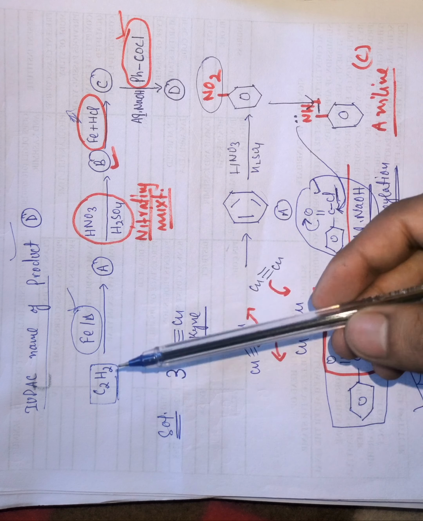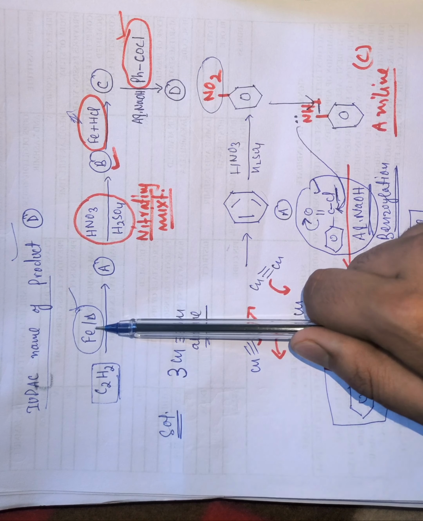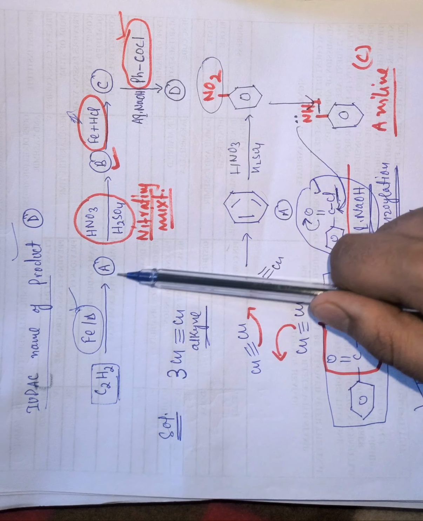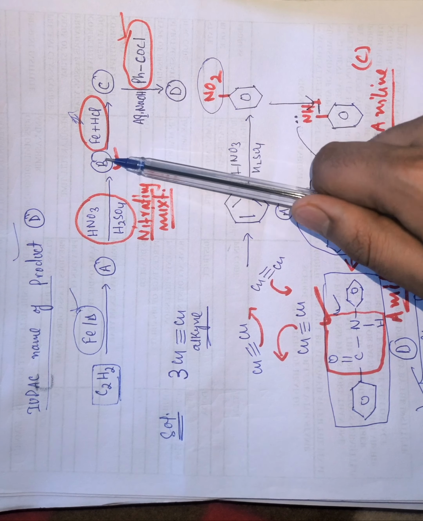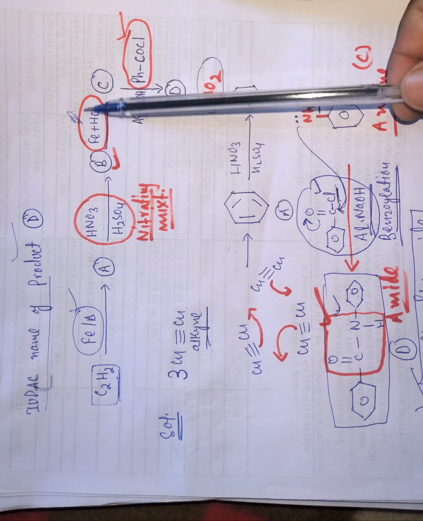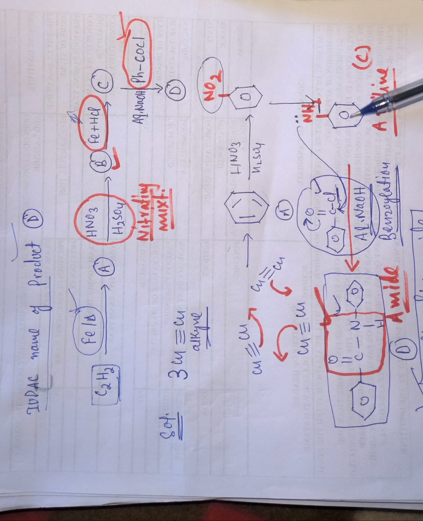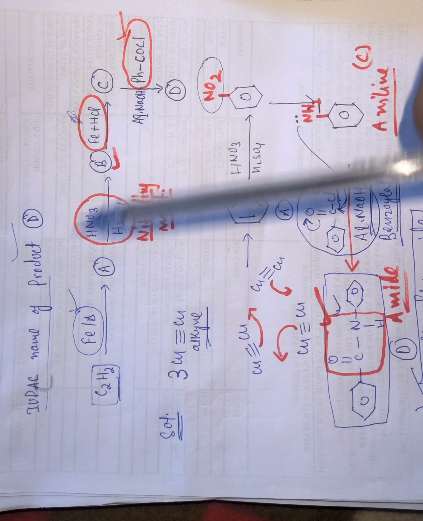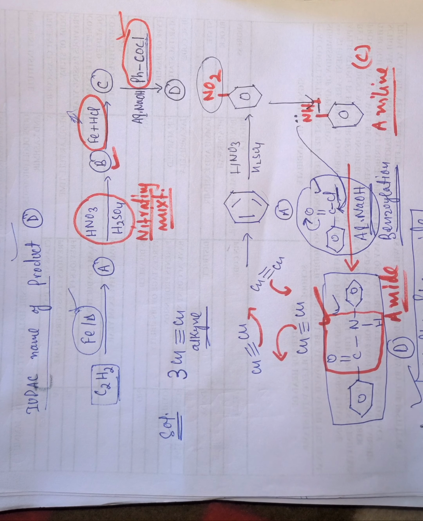So how does this reaction go, let's check it out quickly. When alkyne is passed through red hot iron tube, it forms benzene as A, and this benzene undergoes nitration and forms nitrobenzene as B. This nitrobenzene upon reduction with iron and concentrated HCl gets reduced to an amine group, that is aromatic amine, aniline. When this aniline undergoes benzoylation with benzoyl chloride, it forms N-phenyl benzamide.